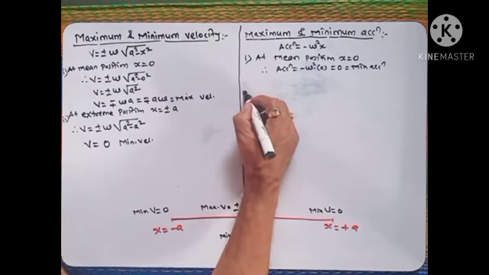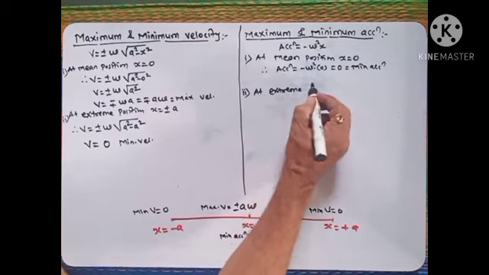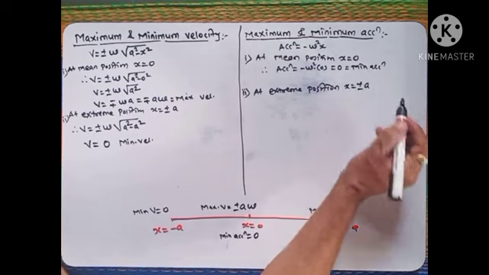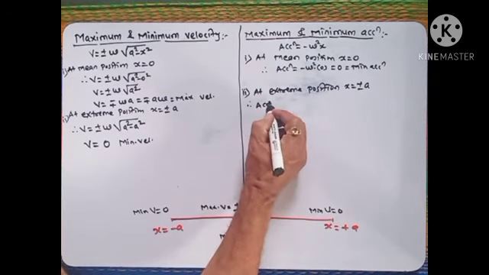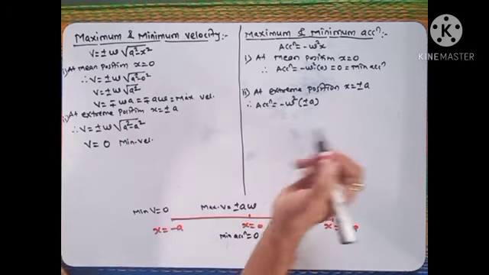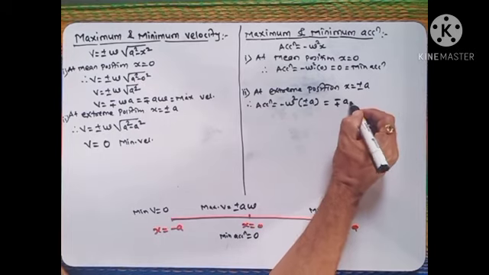Now we consider the second one. At extreme position, x equal to plus or minus a. Therefore, acceleration is equal to minus omega square into plus or minus a, which is equal to minus or plus a omega square.